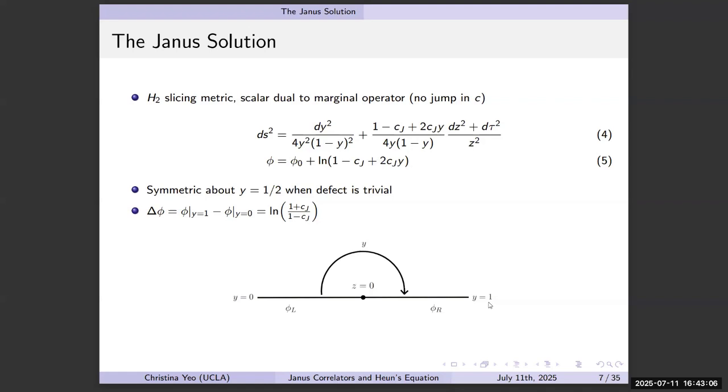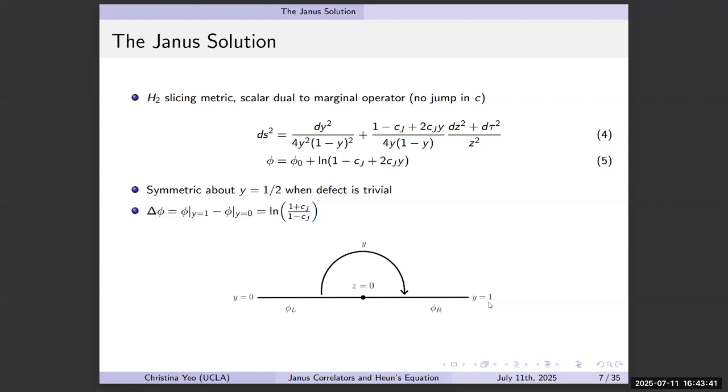For constant y, you can write this metric as a three-dimensional Poincare metric. So this looks a little weird because we wanted to massage a specific equation into a specific form, but when CJ is 0, we should be able to do some mapping to make it look just like the regular Poincare, because it is just pure AdS in that case.